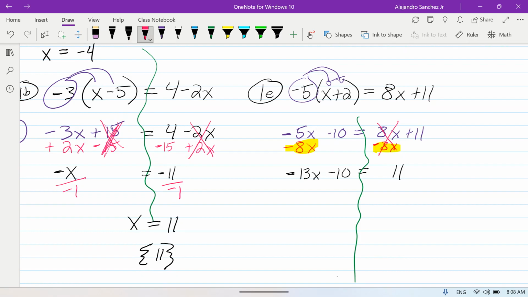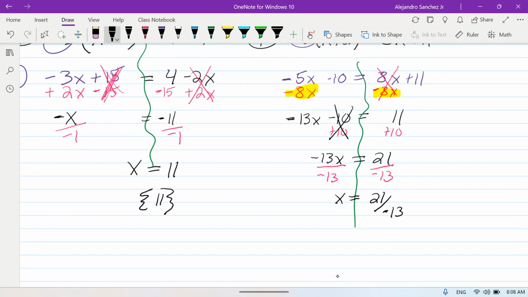Now I want to get the constants together, so I'm going to add 10 to both sides. Negative 13x equals positive 21. Then the icing on the cake is we would divide by negative 13. So x equals positive 21 over negative 13.